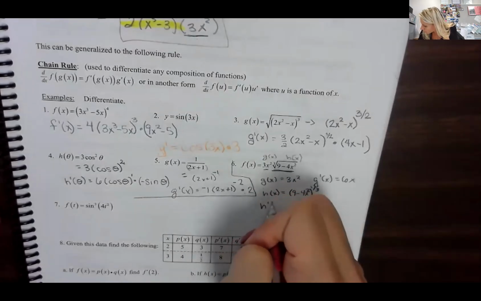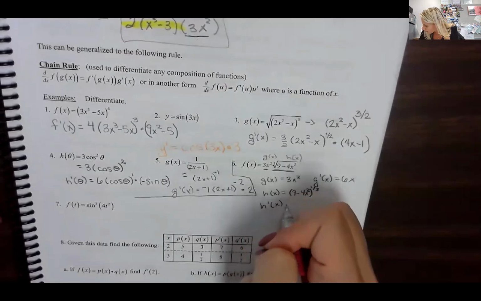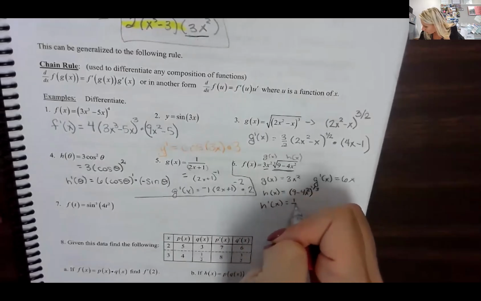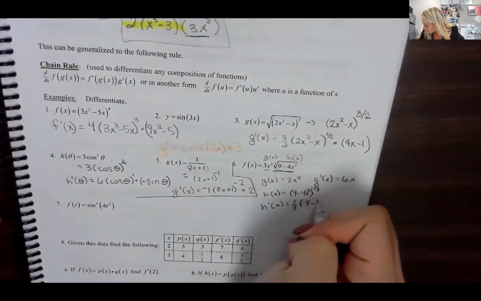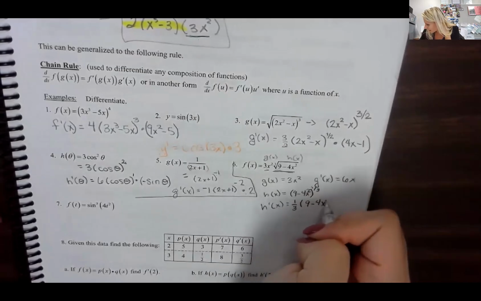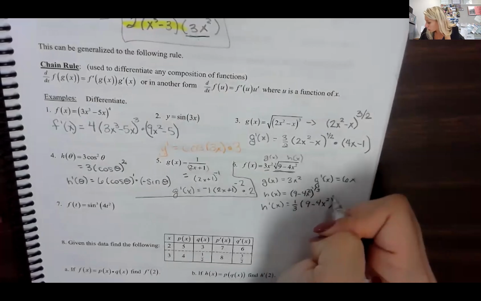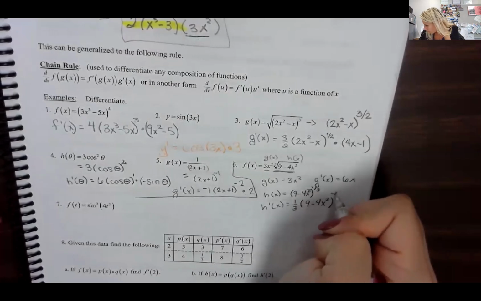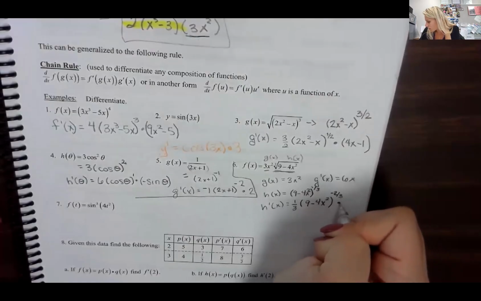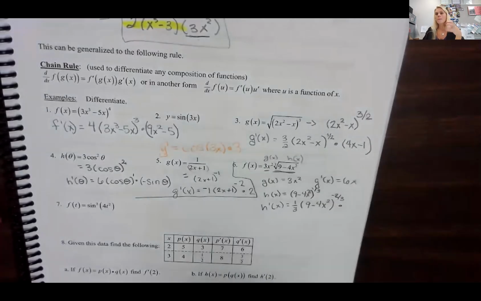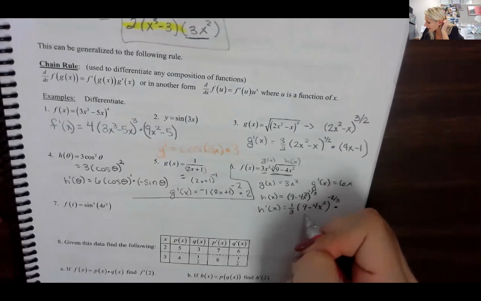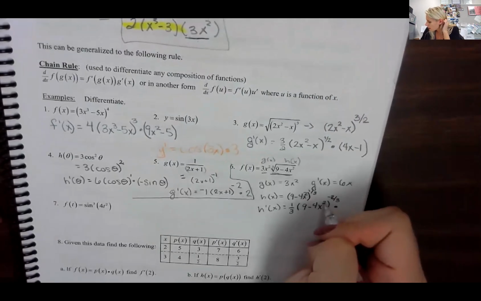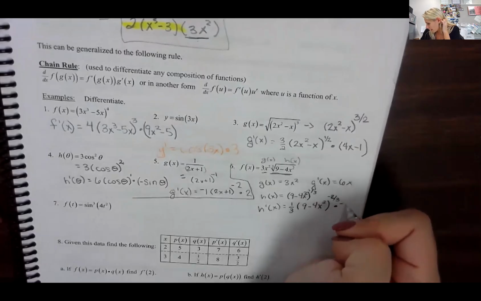So when I take the derivative of that second function there, I get 1/3 times the inside. Remember, that stays the same. Subtract 1 from the exponent. That gives us -2/3. And remember, the chain rule says do your outside times the derivative of the inside. Derivative of the inside, 9 goes to 0. The second part is -8x.